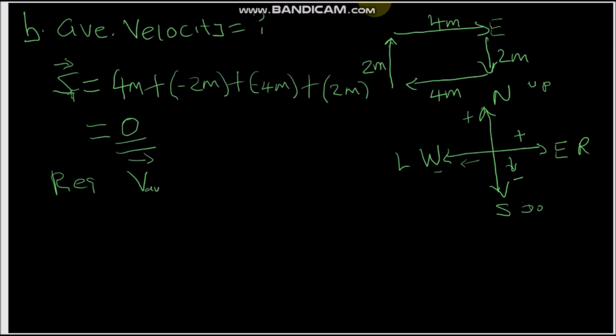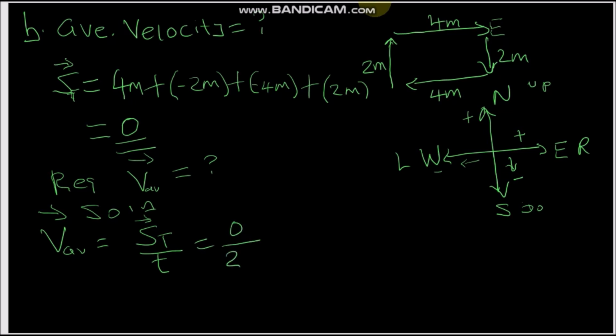Solution: the average velocity is equal to the total displacement over the time, which is 0 over 24 seconds, which is equal to 0. That's all about today's lesson.